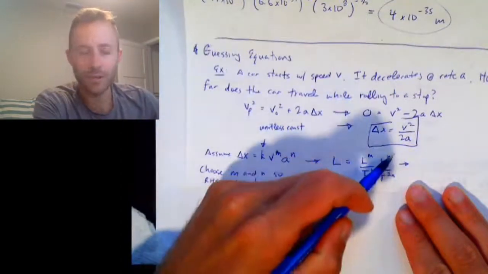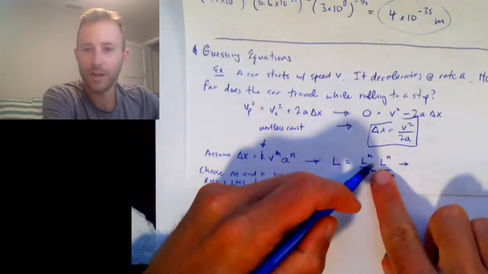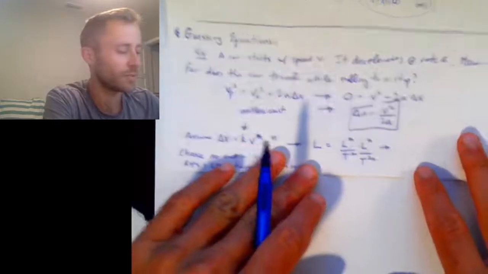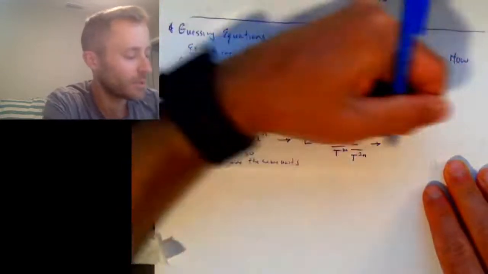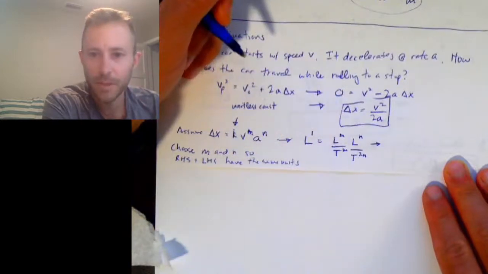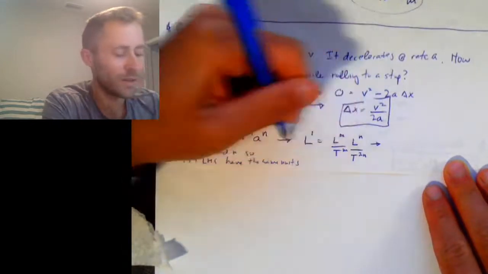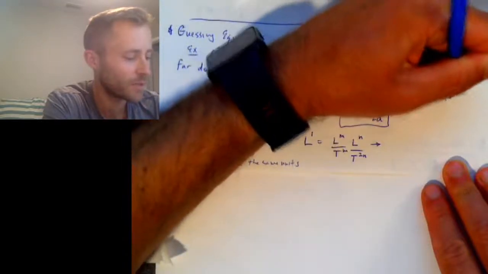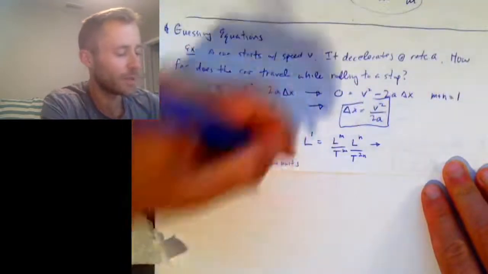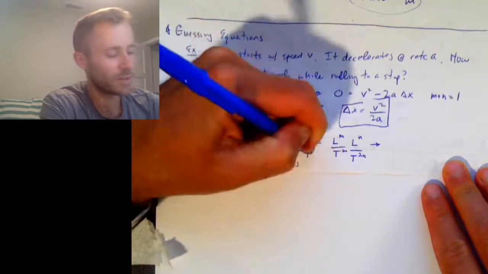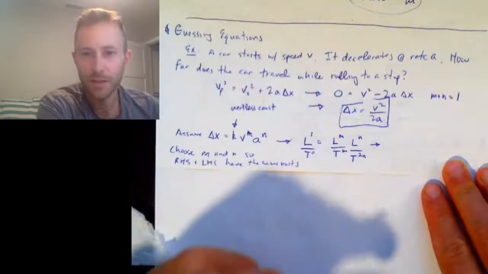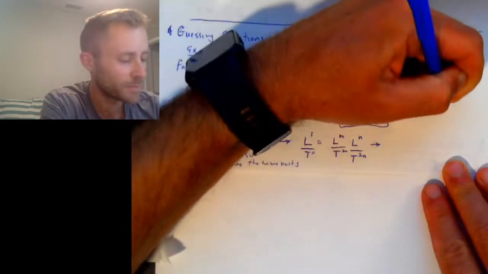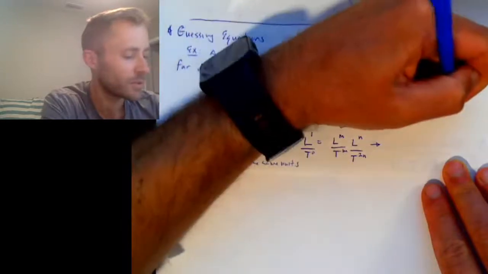If I multiply out the powers of L, I get L to the m plus n on the right-hand side, and this is L to the 1. So matching powers of L on either side tells us that m plus n has to equal 1. And we could also think about the left side as divided by T to the 0 power. So that means that m plus 2n has to equal 0.